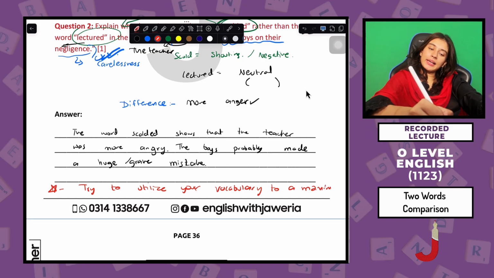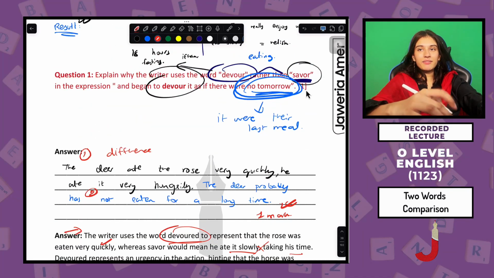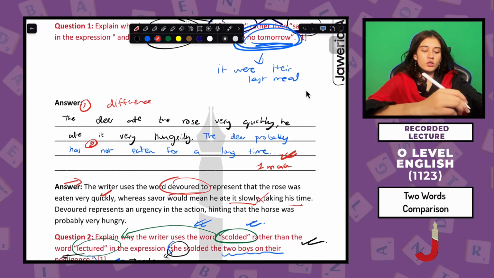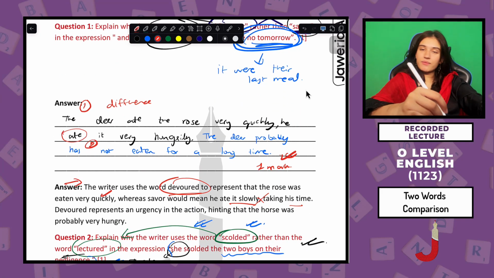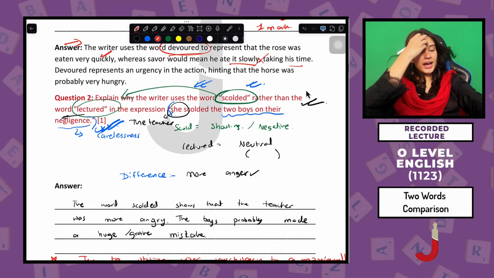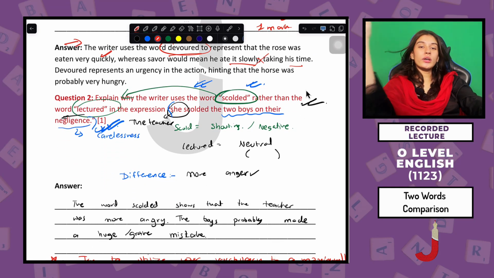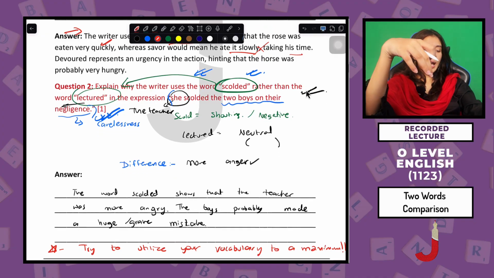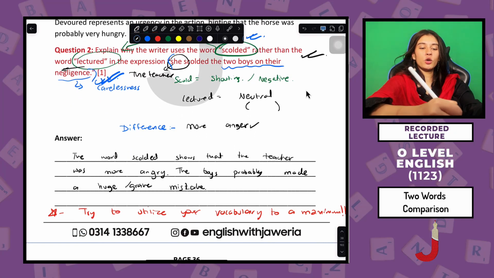So, here the words were devour and savor, so use the word ate here. We didn't use the same word back. For here, you could have said that the words are lectured and scolded. So, try not to use the same words again. Try to use a synonym. Any vocabulary you use in this question will help your case.